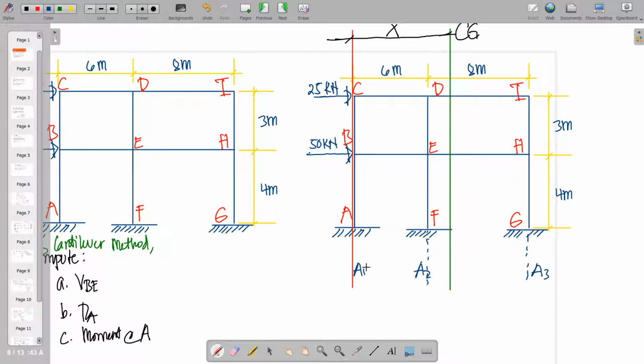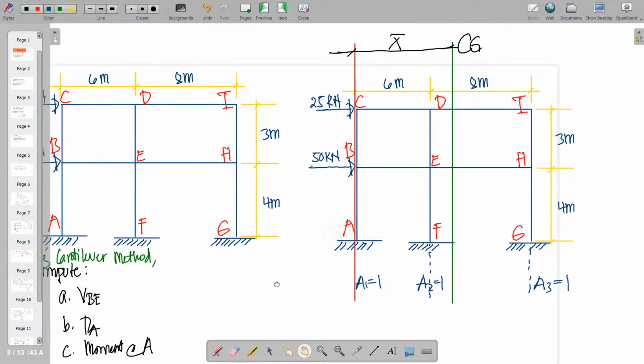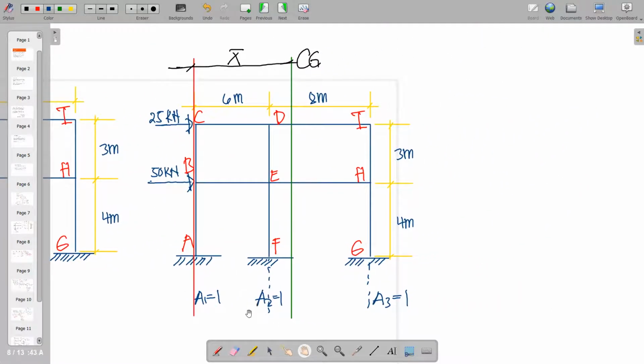We delegate those and assume each to be one unit. So 1 unit here represents that these columns are of the same size, since it was not specified in the problem. Okay, so we are now ready to determine our x bar.